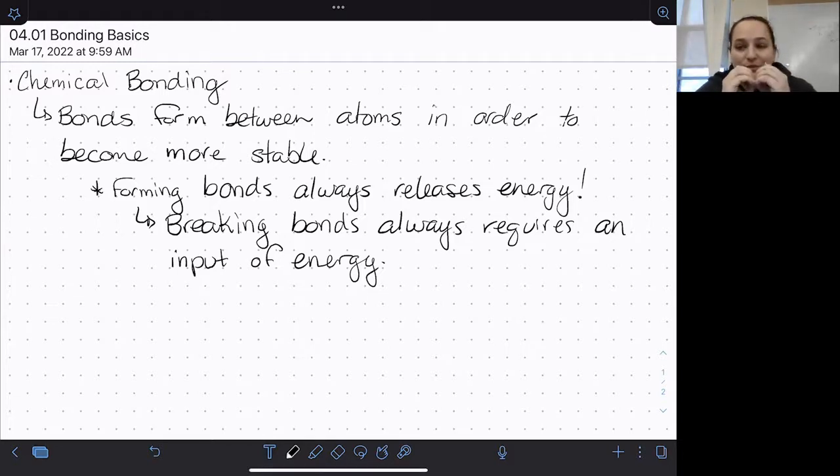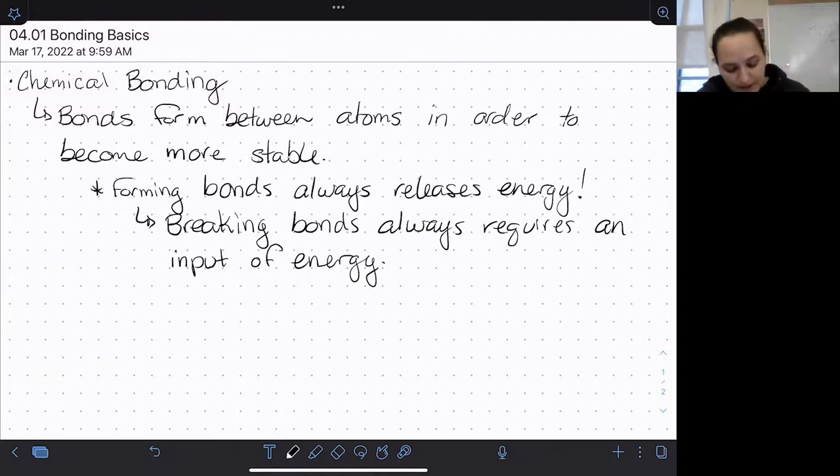You can think of them kind of like magnets: if you've got two magnets that are stuck together, in order to separate them, you have to pull. You putting in that effort to pull is putting in energy to separate those two things that are attracted to one another. And the same is true of bonds. To pull two bonded atoms apart, you've got to put energy in to actually separate them, to yank them apart from one another. So these ideas are true of all bonds, regardless of type.